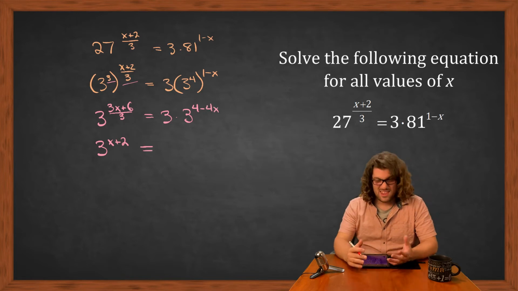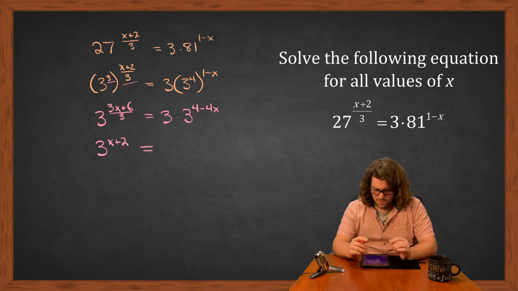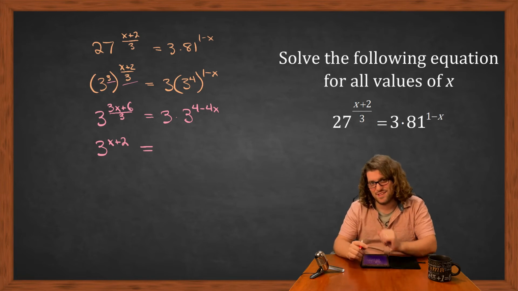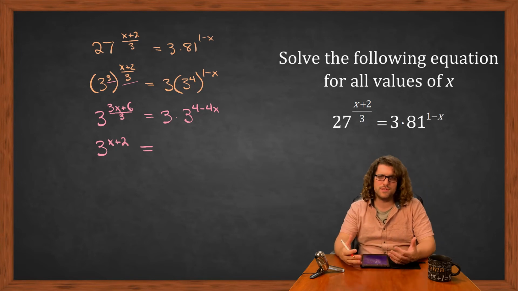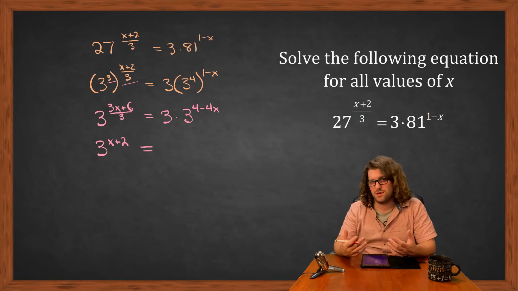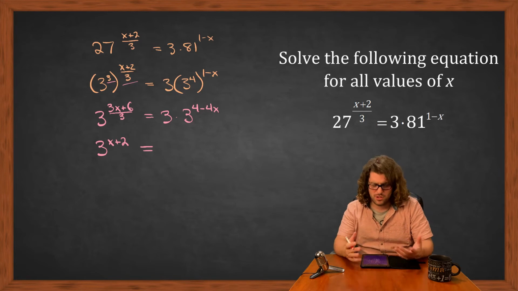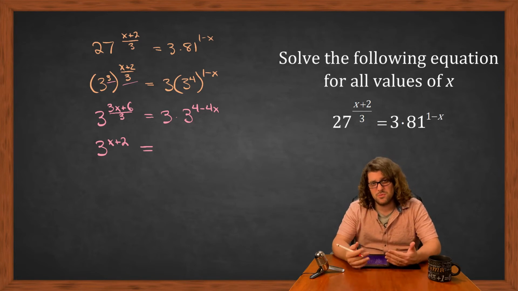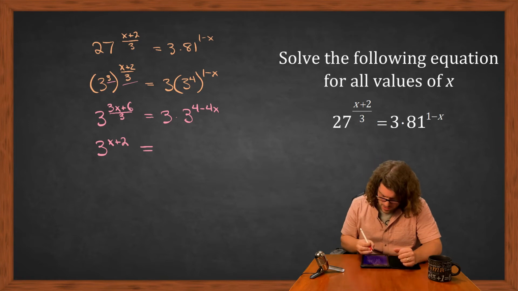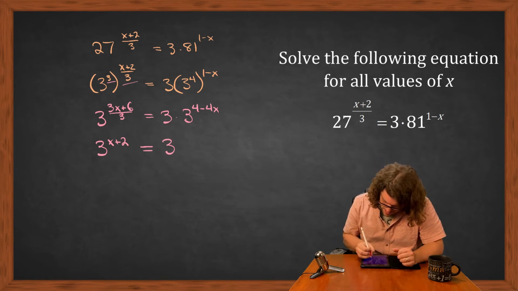So we can simplify the right-hand side a little bit more, because if we have two exponential statements of the same base that we are multiplying together, we can add the exponents. I'm not going to go over all the exponent rules. If you're not familiar with them, you should look them up. Maybe someday I'll make a video on those. But for the time being, I'm assuming that you're comfortable with that part. So as I said, 3 to the power of 5 minus 4x.